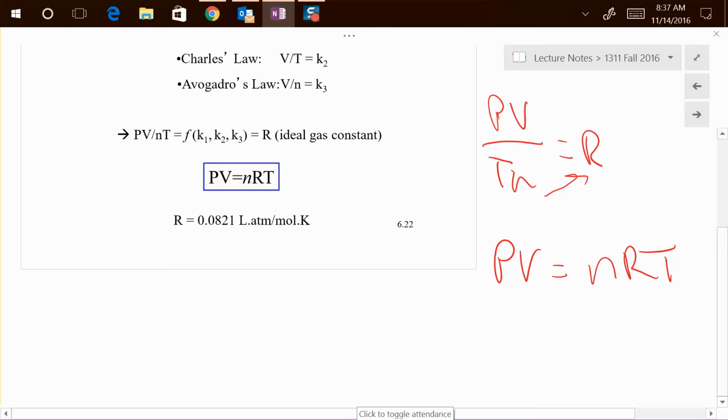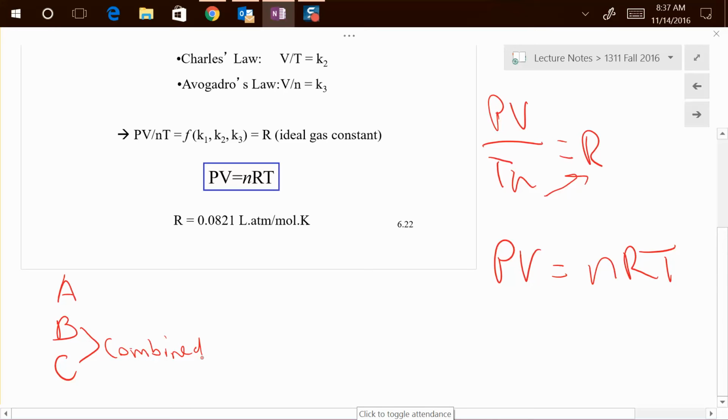So I have a list of questions, and I'm trying to understand which equation I want to use for these. The first thing I have to ask myself is, does it deal with change? If it's dealing with change, then I need to use one of the earlier equations, which I refer to as the A, B, C gas laws: Avogadro's, Boyle's, Charles's, or the combined gas law.